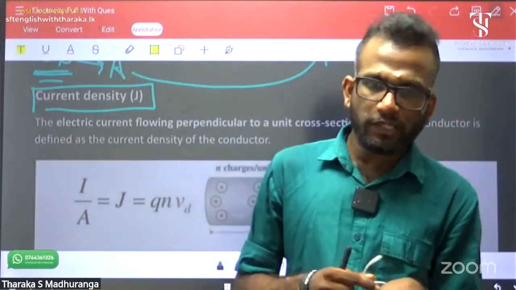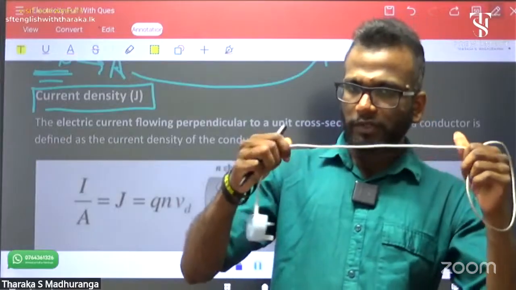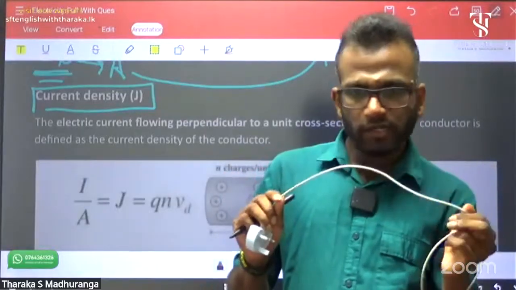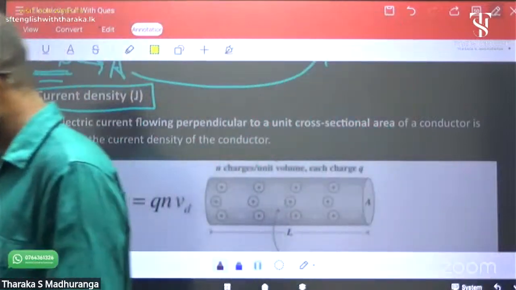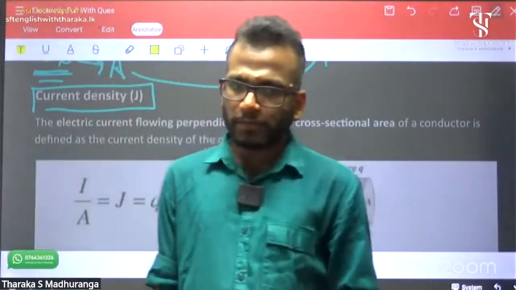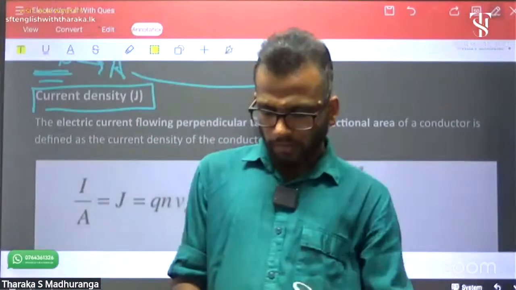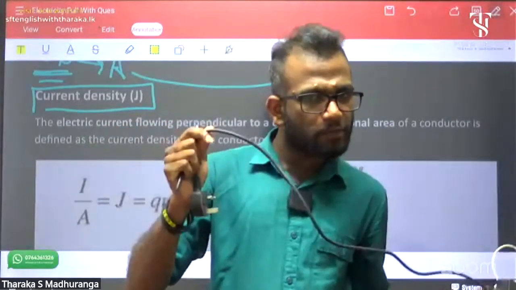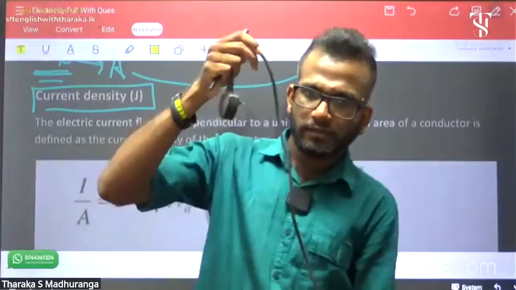Get some idea about the thickness of this wire conductor. And this is my laptop charger. How about the thickness of these two conductors?